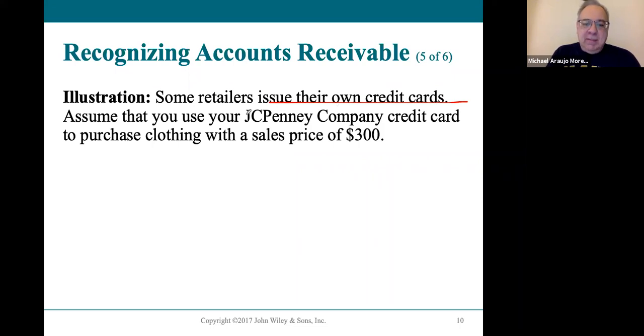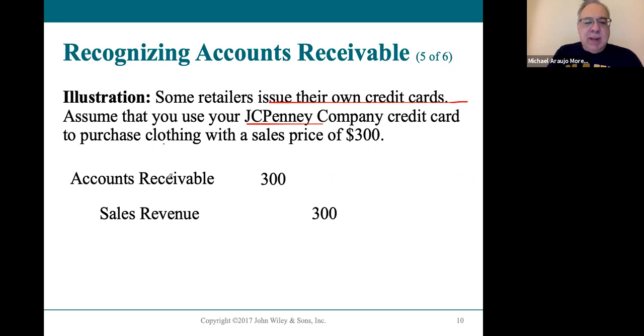But this is how it worked. Let's say you were using a JCPenney card at one of the remaining JCPenney's that might be open, and you bought clothing for $300. Of course, in this case, JCPenney would show that as a receivable if it's their own credit card, if it's not issued by a bank.